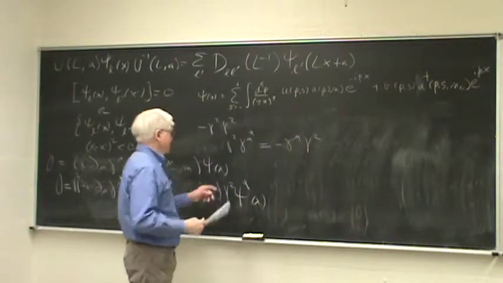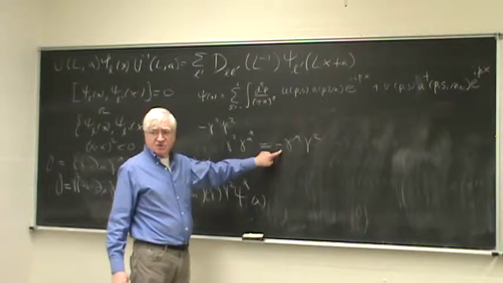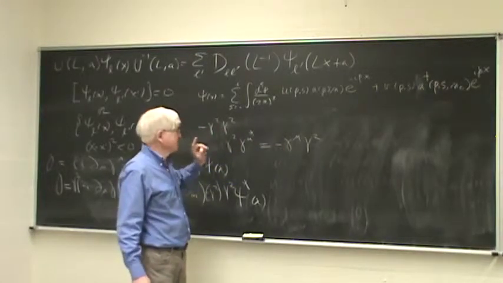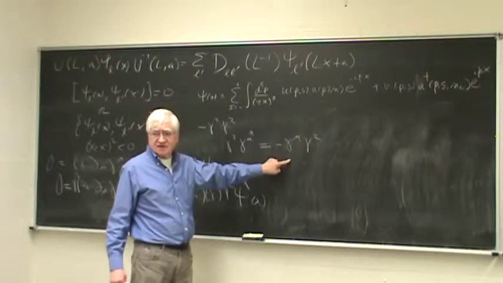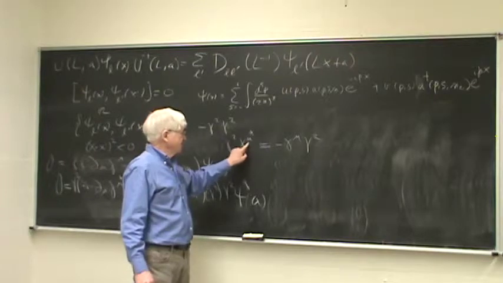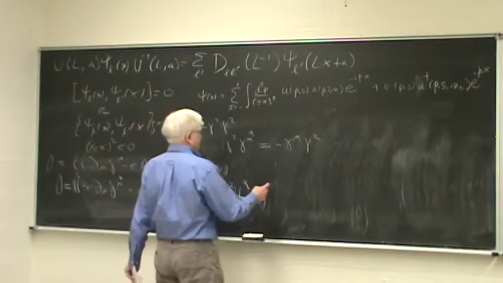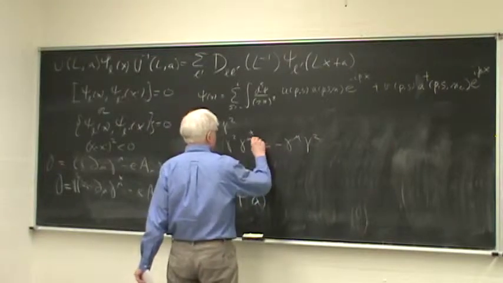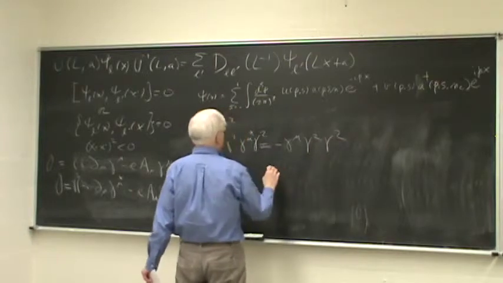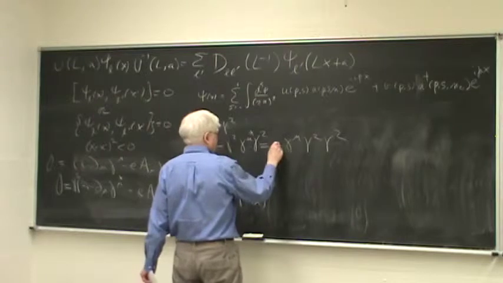Let me make sure I got that. If mu is not equal to 2, this just says they anti-commute. If mu is 2, of course they do commute, but this thing is imaginary. So if we now multiply by gamma 2, we get gamma 2 squared. And if we multiply again by a minus sign, we get a plus.